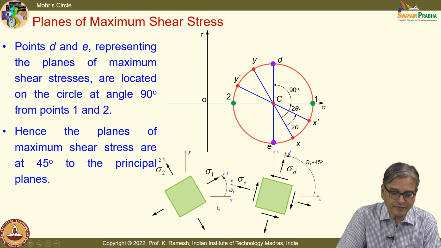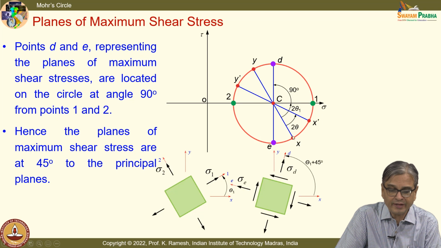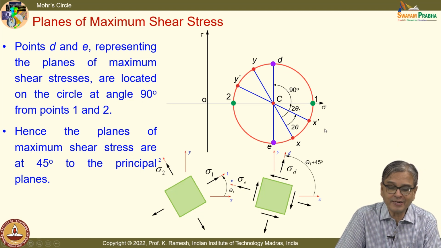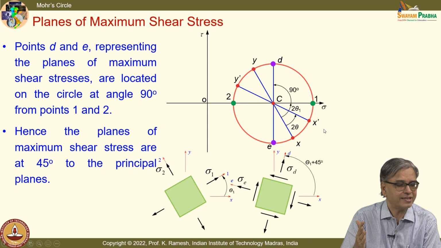So this gives you a very important aspect, that at a given point of interest, when I want to draw the Mohr circle, I should identify the plane X and plane Y, then draw the circle. Once I draw the circle, the 2 important aspects are what are the principal planes and what are the maximum shear stress planes. Whether you want to find out on an arbitrary plane is secondary. Fine.